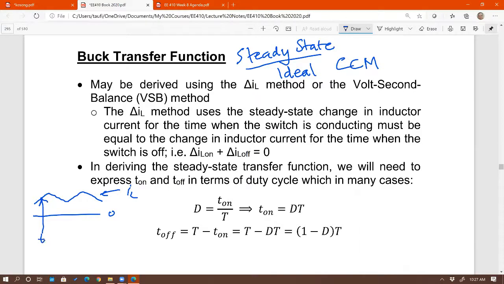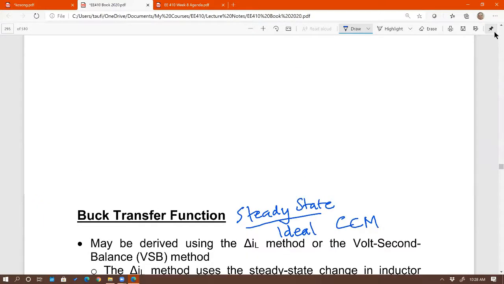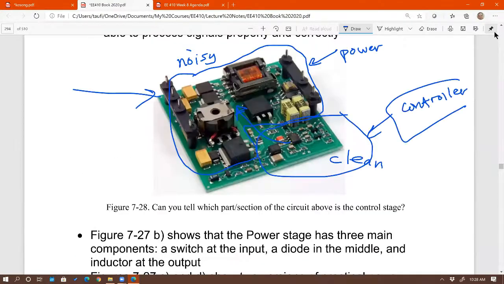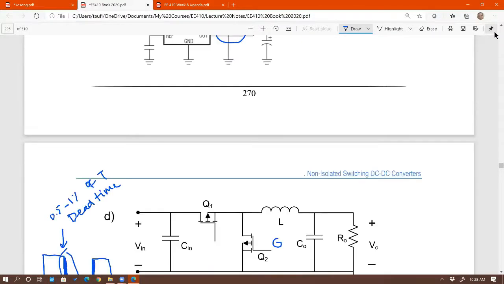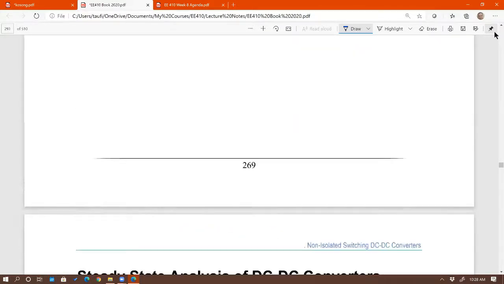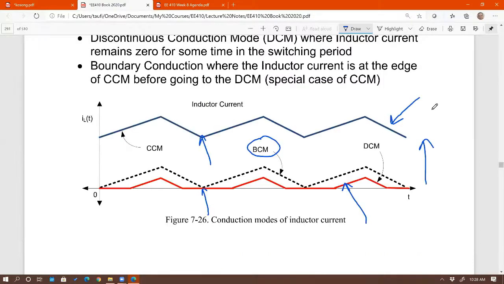Sorry, wrong concept. Maybe I just show you the inductor current that I have earlier. That way I don't have to draw the inductor current, because that would be better to see. If the converter is already reaching steady state condition, let me erase this.